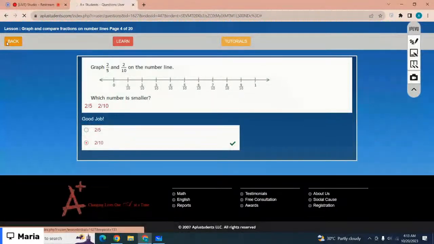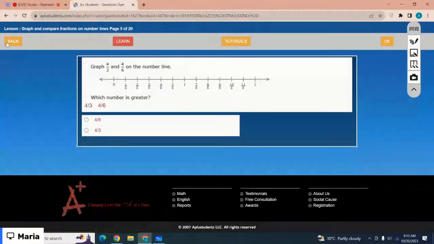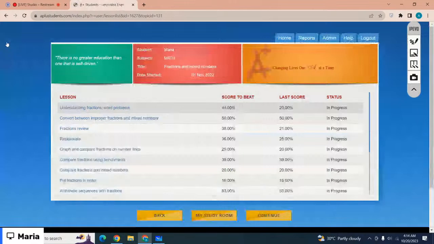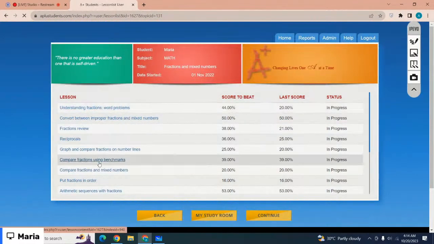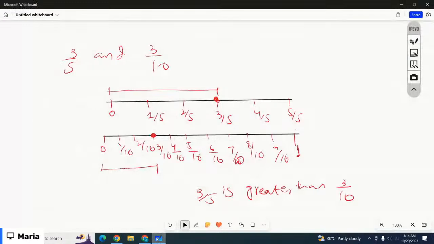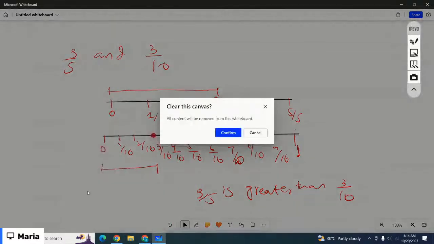The next lesson is compare fractions using benchmarks.